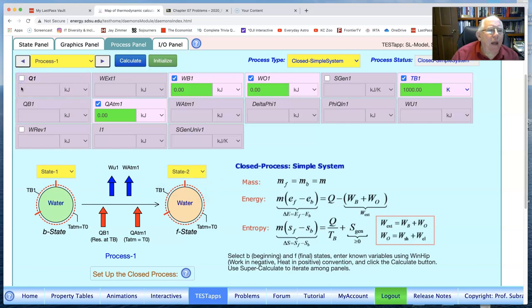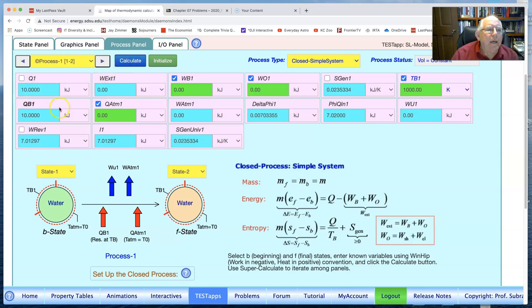So if I turn that off and I just say that the before state is 1 and the after state is 2, and I select this right here along with that temperature, I can now do a calculate, and it calculates based on what I had put in for the change of internal energy. It calculated that the heat transfer per second was 10 kilojoules per second. Again, keep in mind that state 1 to state 2 was done over 1 second.